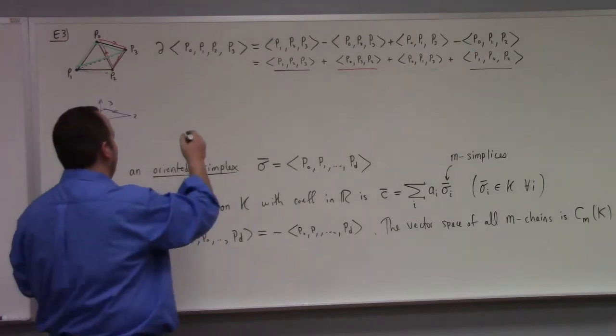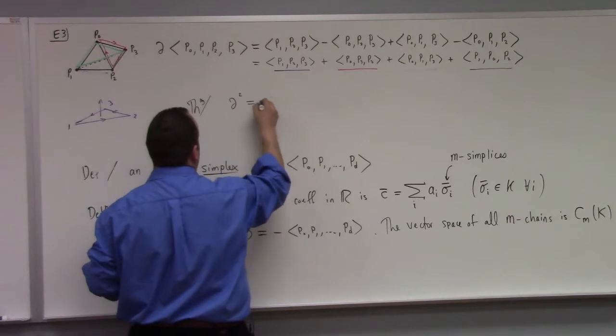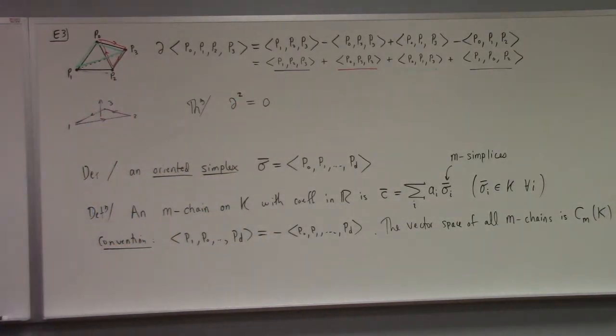Next theorem: boundary squared is 0. So if you calculate the boundary of the boundary for either of my examples, let's do it. Here, boundary squared of P0, P1, P2 would be what?